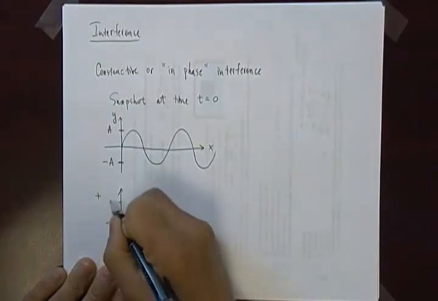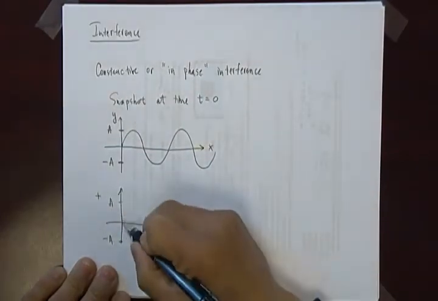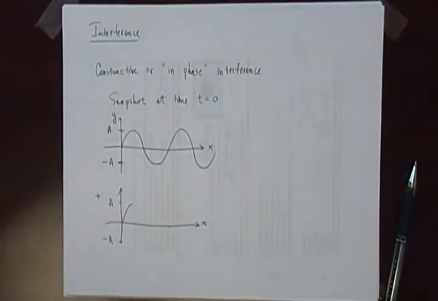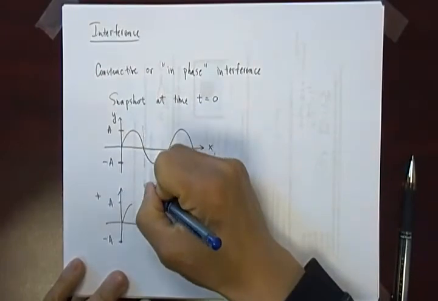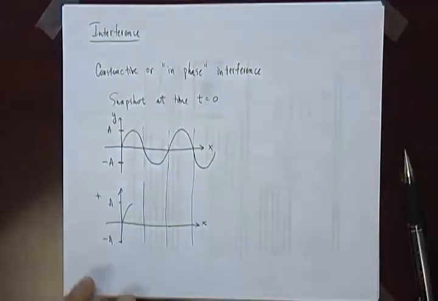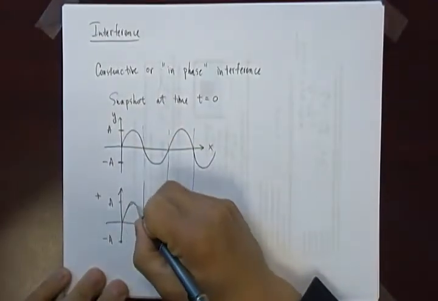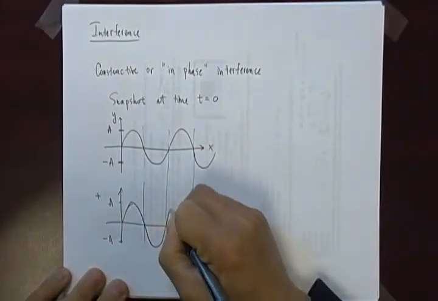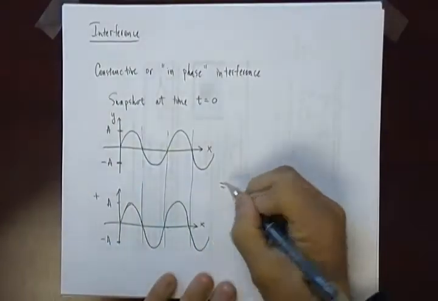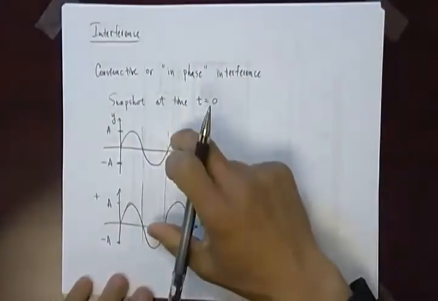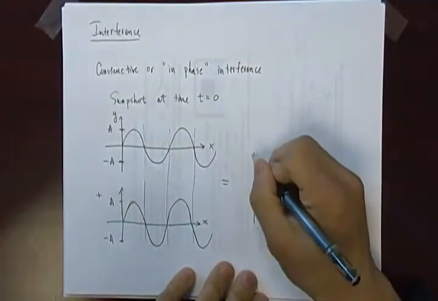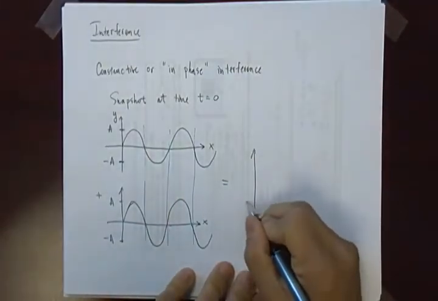Now let's suppose I add another wave just like it, that goes between A and minus A. It does the same thing, and it's all lined up, so this point here will line up there, this point here will line up there, and this point here will line up there. If I add those together, it's just the same wave, so you just get double what I had, and the disturbance will be twice as big in amplitude.